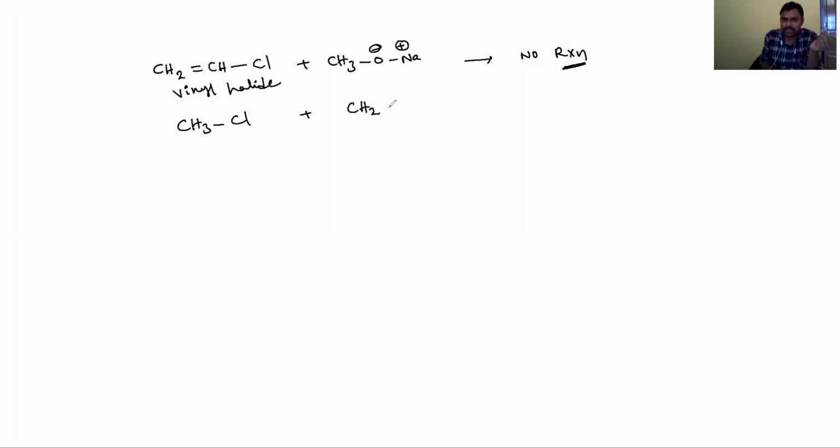For example, CH2=CHONa with CH3Cl gives the Williamson ether synthesis product, CH3OCH=CH2. Okay, students, these are the main important applications and exceptions in Williamson ether synthesis.